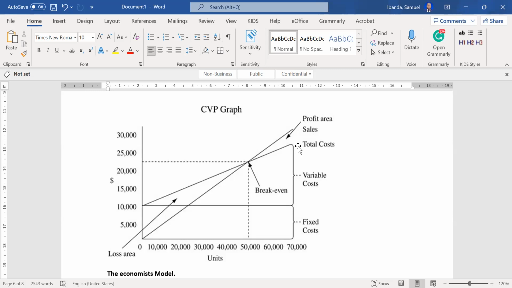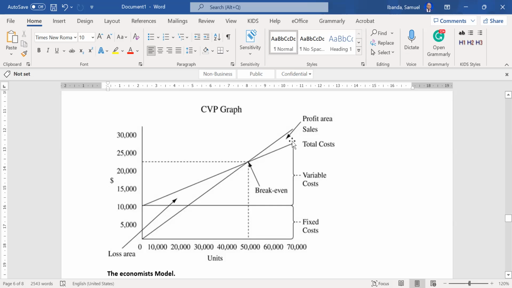That is how businesses work. It has costs, its revenue keeps on growing. When the revenue reaches a point where it matches its costs, that is the break-even. And beyond the break-even point is what we call our profit area. So here the business will start making profits.